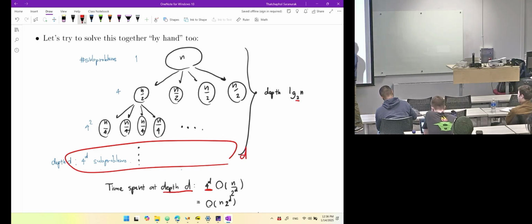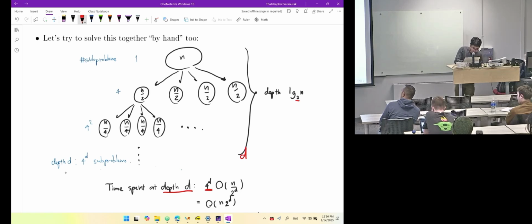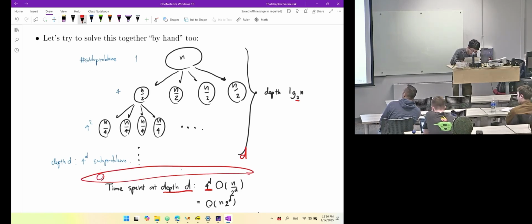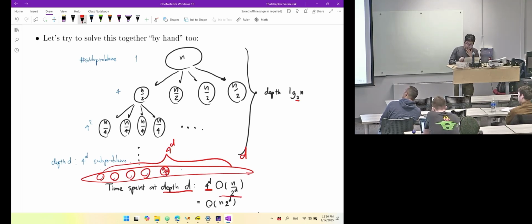So the time that you spend at depth d: there are 4 to the d many nodes, and each of these is going to be n over 2 to the d. So this is how it looks.